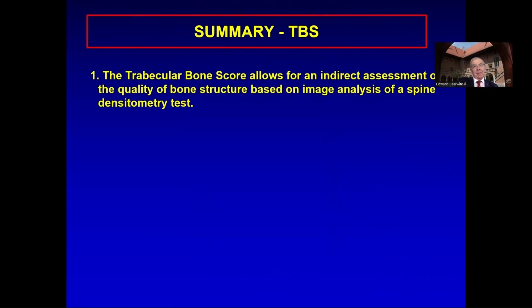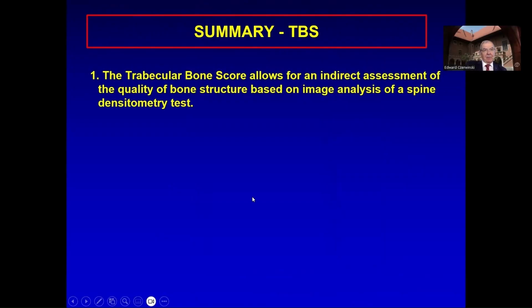Just summing up: TBS, trabecular bone score, allows us an indirect assessment of the quality of bone. However, this is not related to the true structure, which we can see on the microscope or high resolution peripheral QCT.